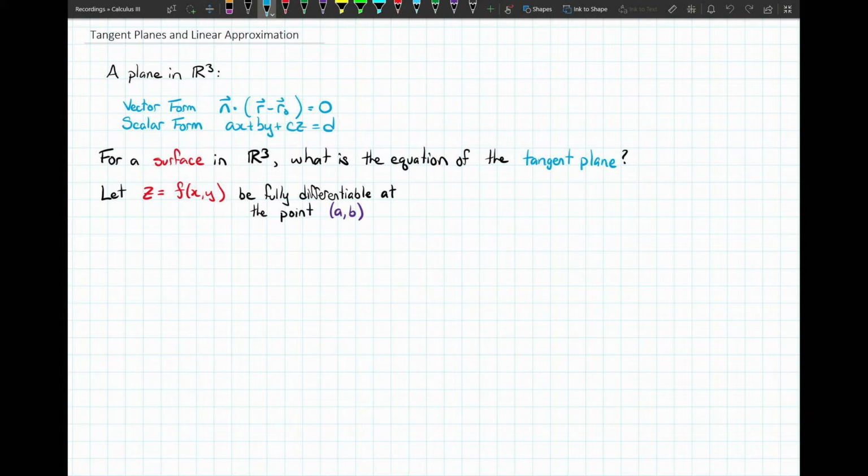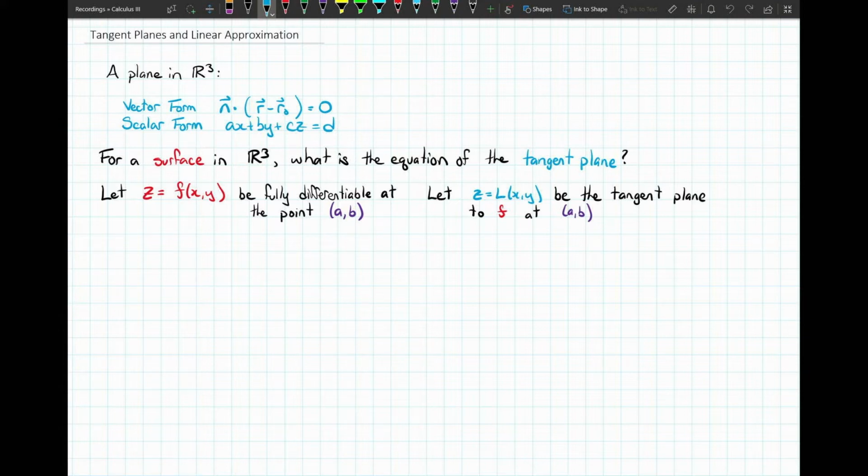The partial derivative with respect to x and with respect to y must both be real numbers. If that's the case, and we have a surface that is a function, then the tangent plane is also going to be a function. Let's say that the function there is capital L of x, y. I'm using capital L here because the tangent plane is a linear equation, capital L for linearization.